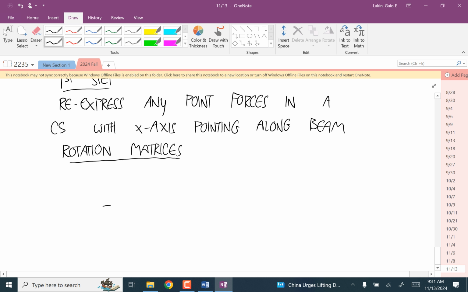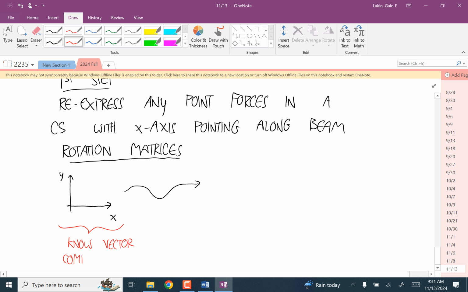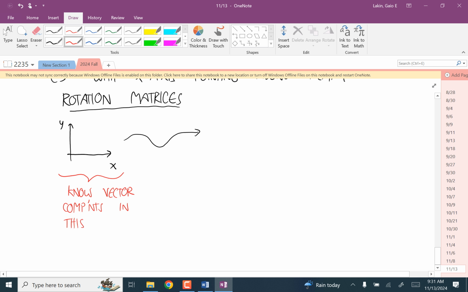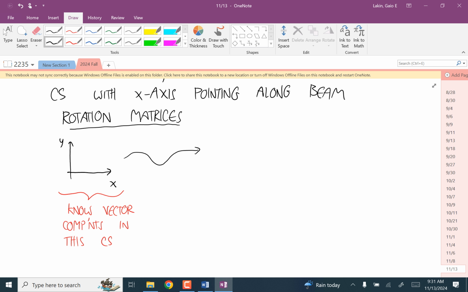So the way these rotation matrices work is if you have a coordinate system like this, and you know your vectors in this coordinate system, so you know your vector components in this coordinate system, and you want to re-express them in a coordinate system like this, where this angle theta is the counterclockwise angle from your original to your new coordinate system.